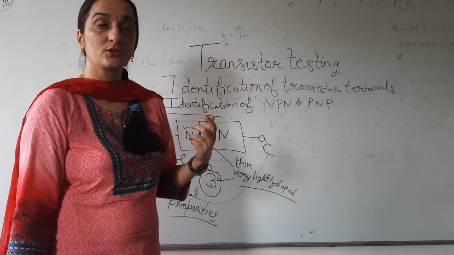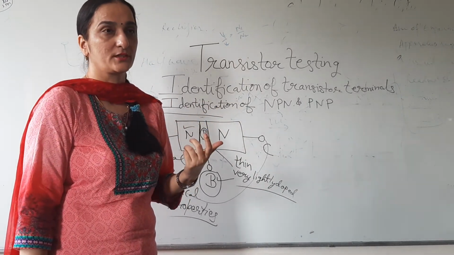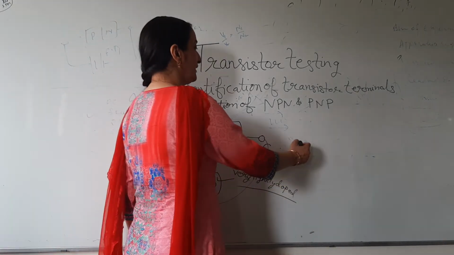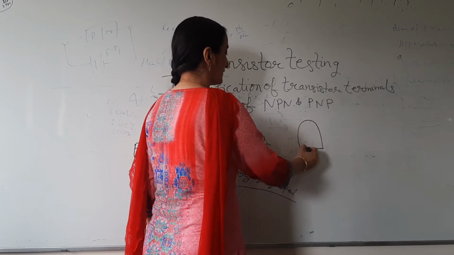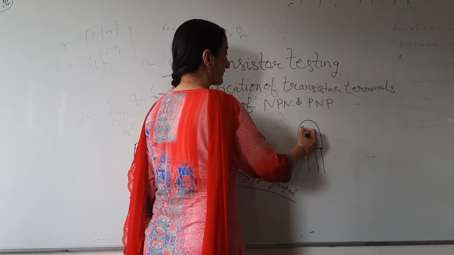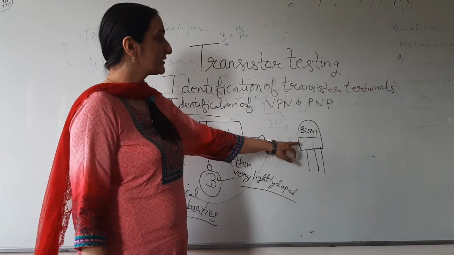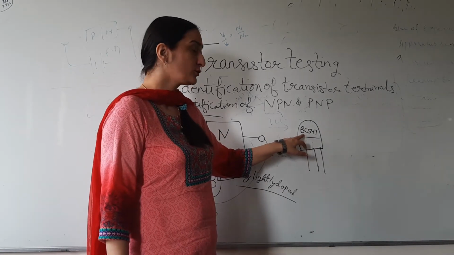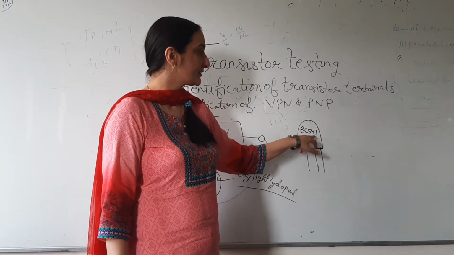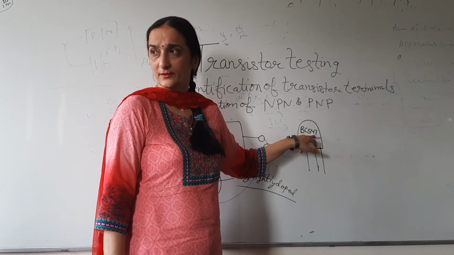So first of all, we have to identify which terminal is the emitter, which is the base, and which is the collector. Now how will we identify? A transistor is designated by 2 letters, followed by a series of digits, or you can say a serial number.